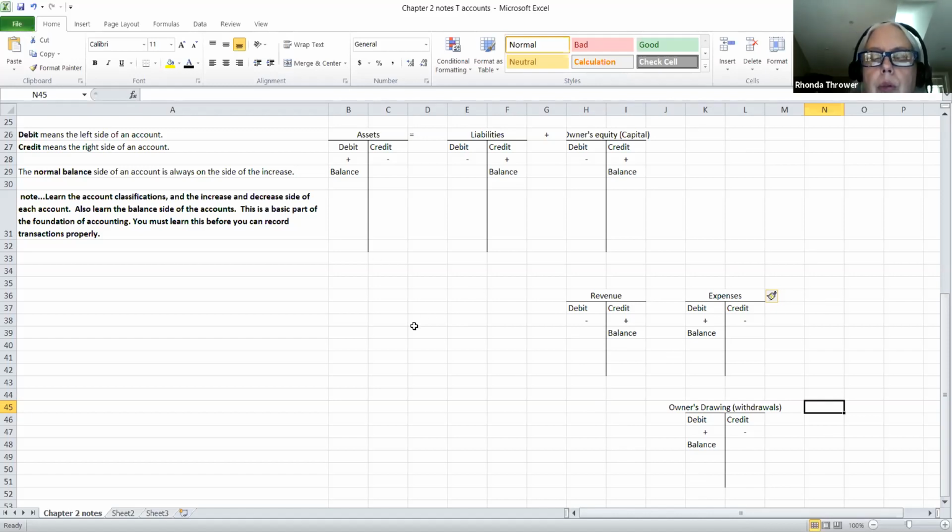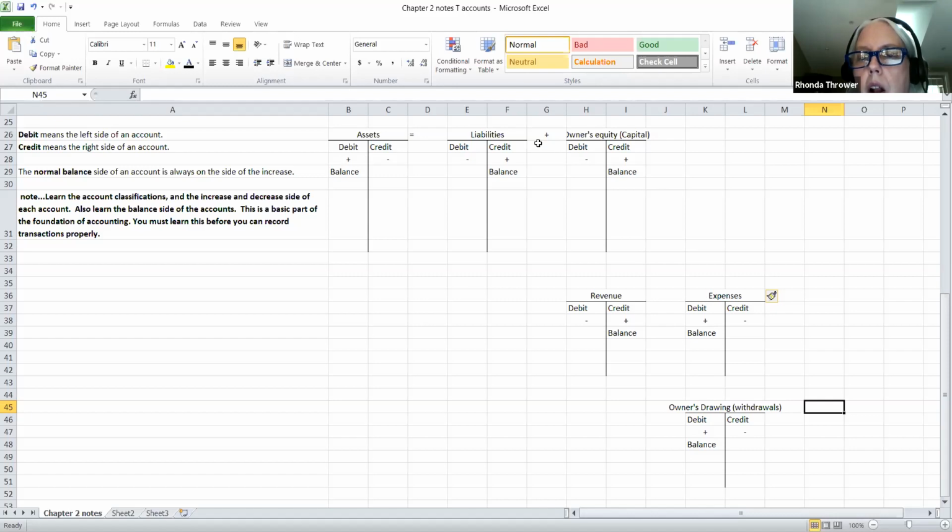But what I want you to be familiar with and to learn in this chapter is which side of the account increases on. Assets increase on the debit side, liabilities on the credit side, owner's equity on the credit side, revenue on the credit side, but expenses increase on the debit side and drawing increases on the debit side.